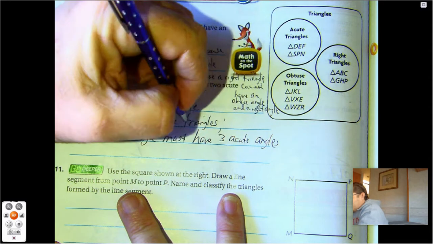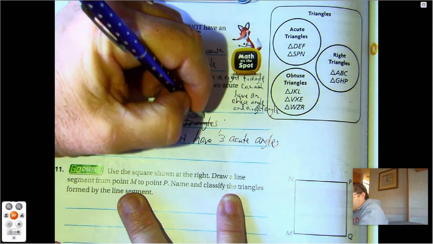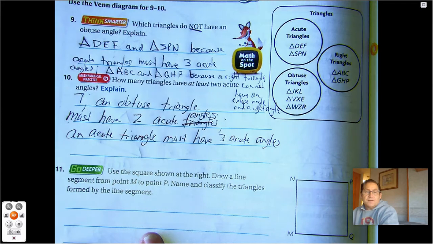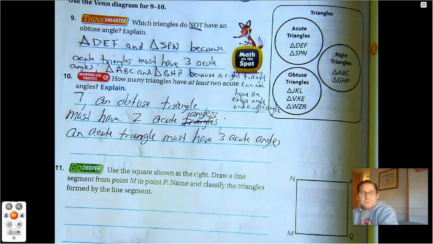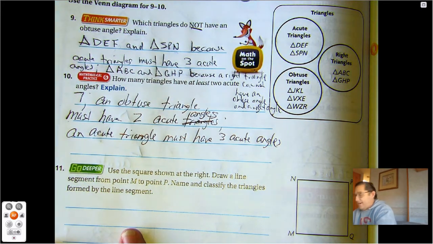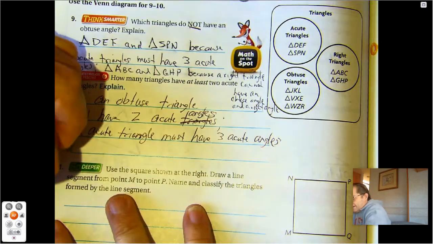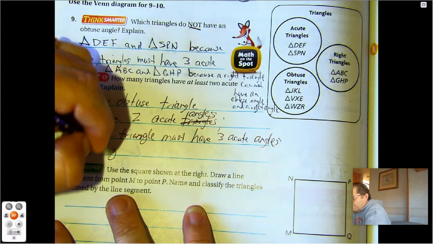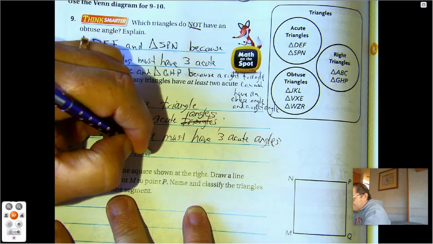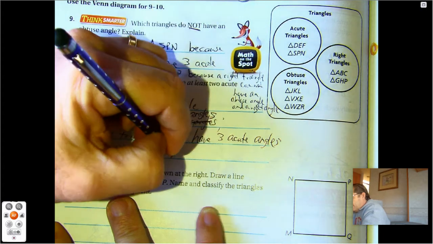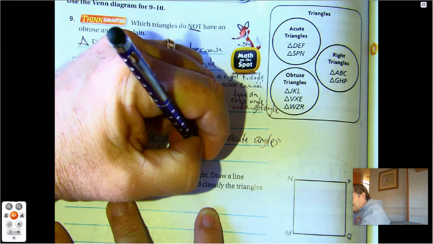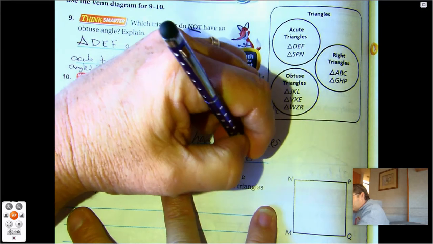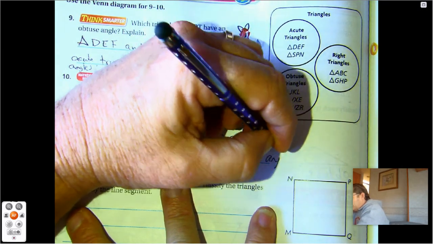Oh, must have 2 acute angles, not triangles. Must have 2 acute angles. An acute triangle must have 3 acute angles. And a right triangle must have 2 acute angles.